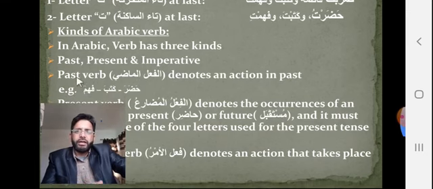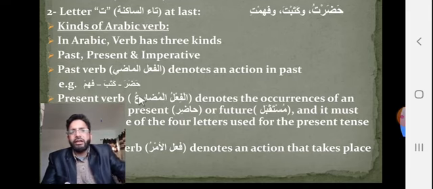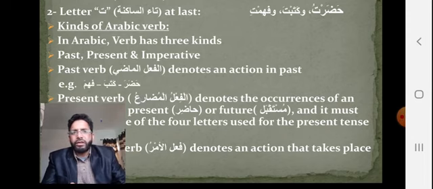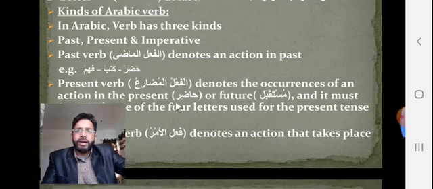Now see, first we will learn the past verb, al-fi'l al-madi. Fi'l madi, or past verb, denotes an action in the past. When I say hazara, he appeared. Kataba, he wrote. Fahima, he understood. The meaning in all three verbs is of past, meaning the action is already done. Then we have the present verb.